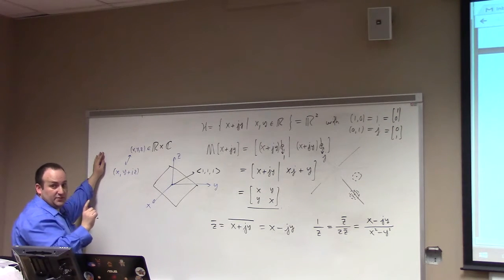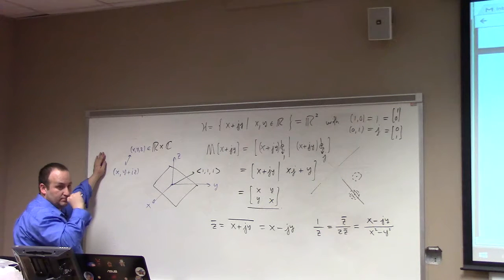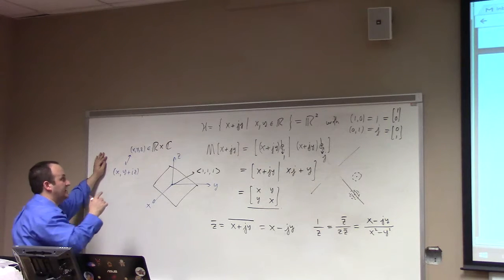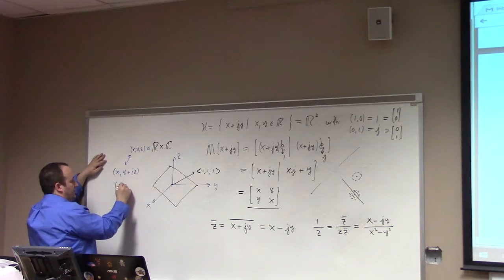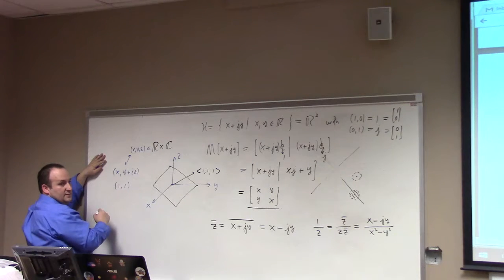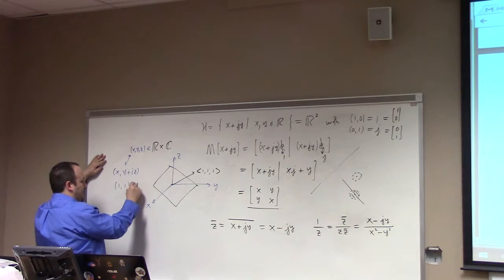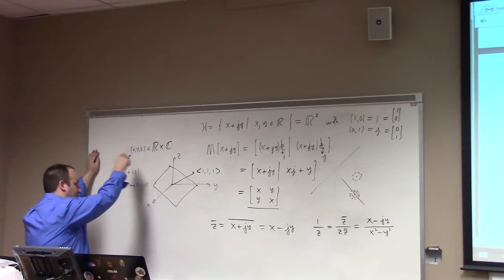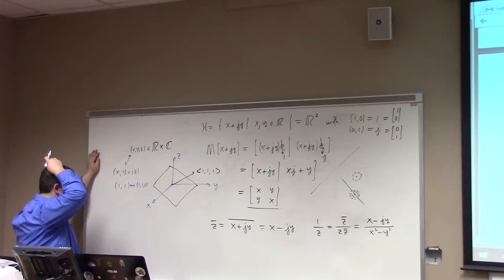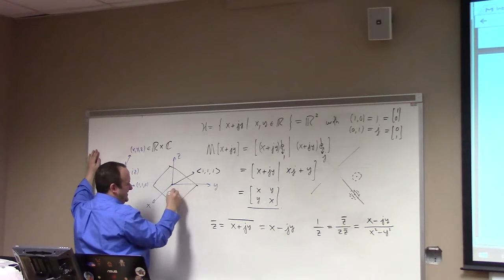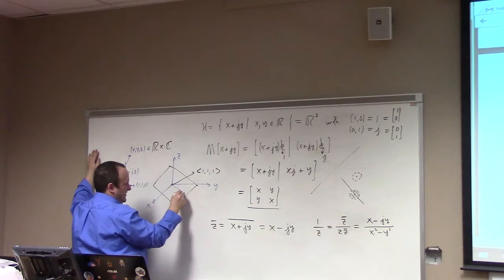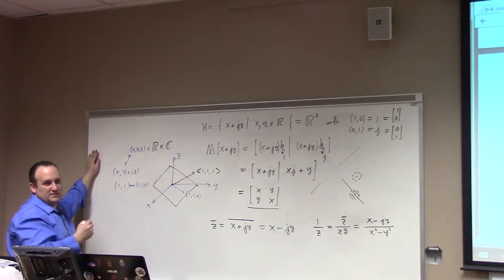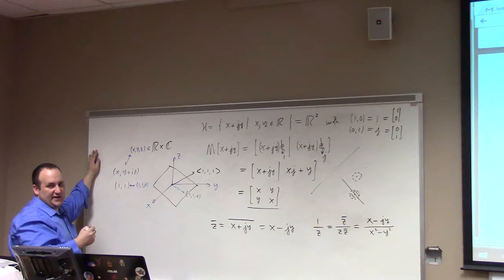Where's the identity in the blue? The identity has (1, 1), also known as (1, 1, 0). So the identity in this is actually, if I look at it, in the XY plane, like here-ish. And where is J?